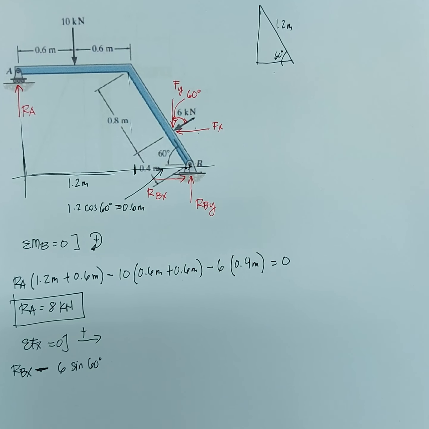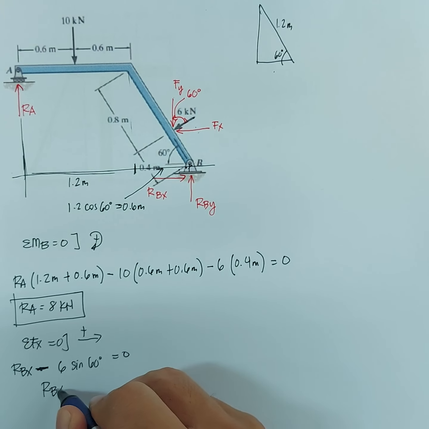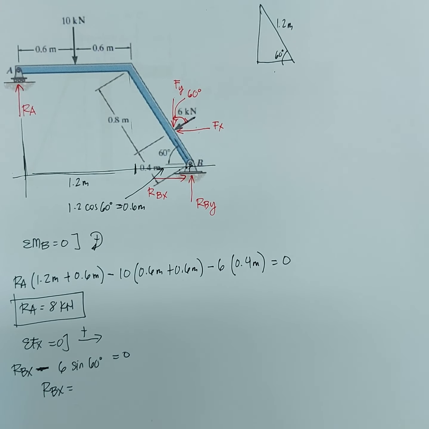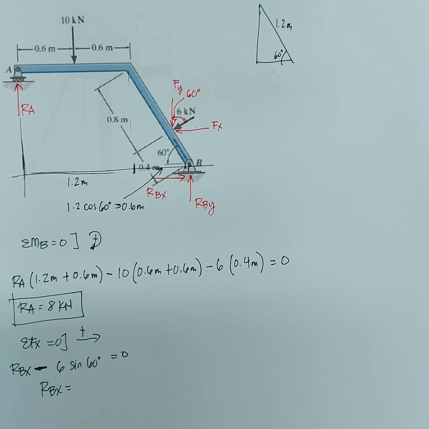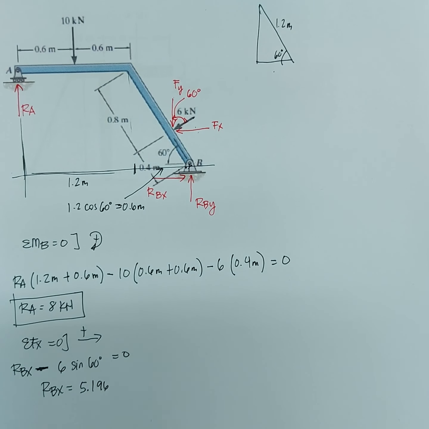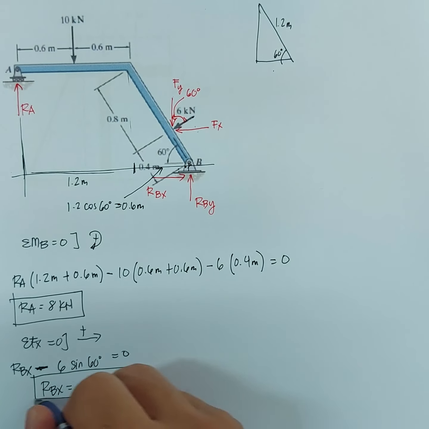Meron pa bang other horizontal forces? So, wala na. Equate na natin yan sa 0. So, RBX is equal to, ilipat natin sa right side ng equation, 6 sine of 60. So, that is 5.196 kilonewtons.